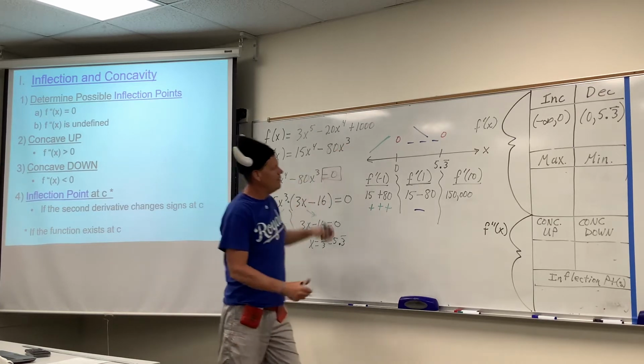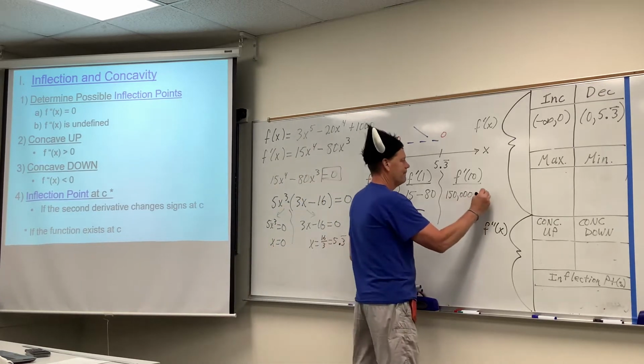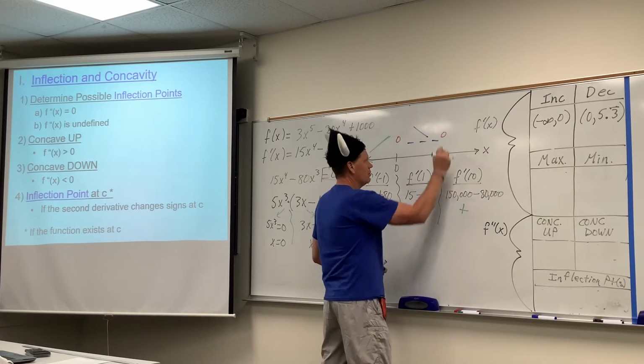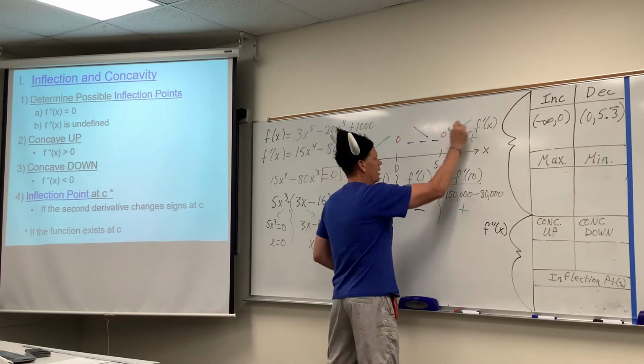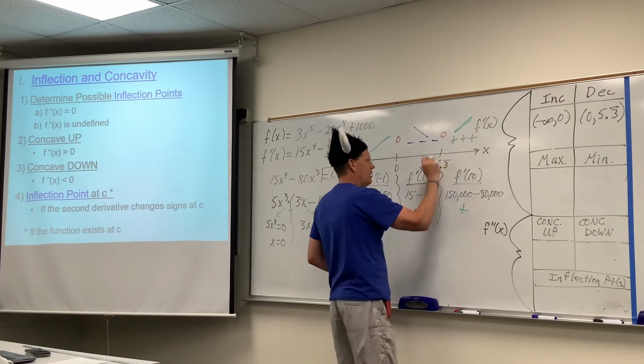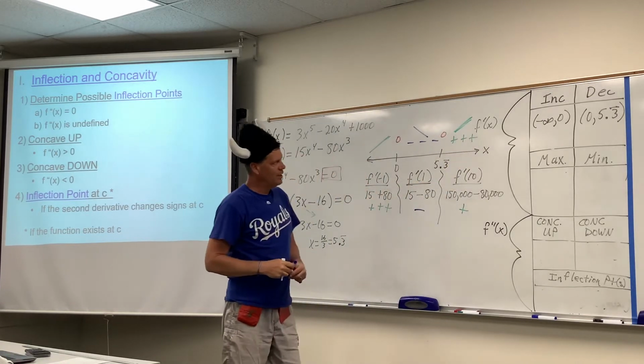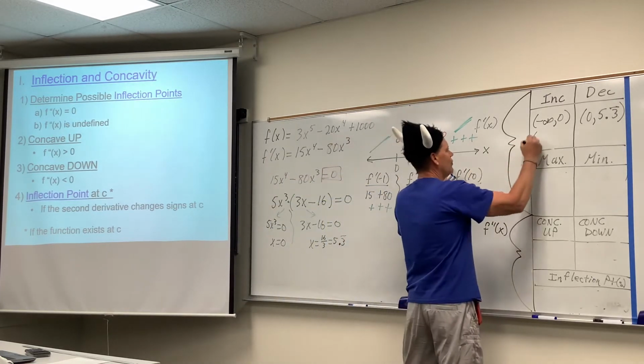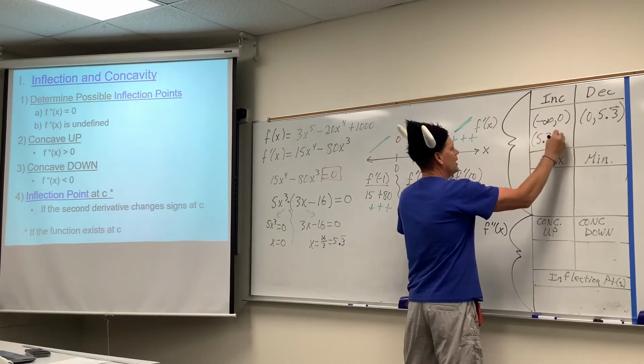That'd be -80,000. That'd be a positive number, won't it? Okay, so that first derivative is positive for all numbers out there. I put multiple plus signs to indicate every number out there would have a positively sloped tangent line, and therefore, from 5.3 to infinity, this thing increases, doesn't it?